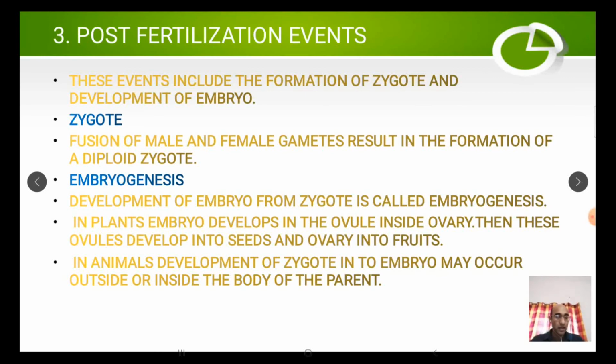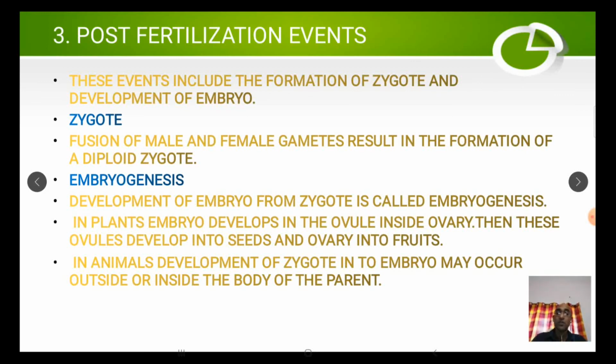Here the embryo receives nourishment from the yolk of the egg. Whatever nourishment is required for the development of the embryo into a full organism comes from the yolk of the egg, the yellowish part of the egg. These are found in case of reptiles and birds.